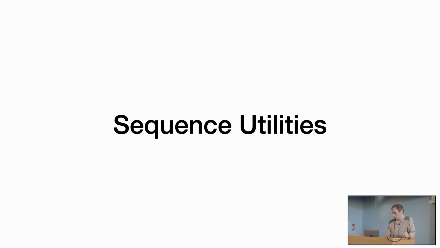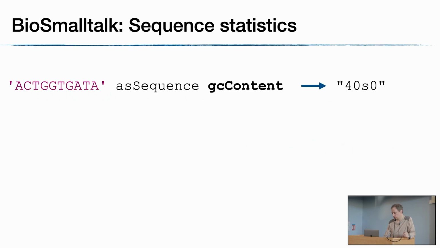We also have sequence utilities. These are some sequence statistics, like the GC content, a value that researchers look at because the 4 nucleotides, without selective pressures or any kind of mutational event, are equally distributed in the genome.